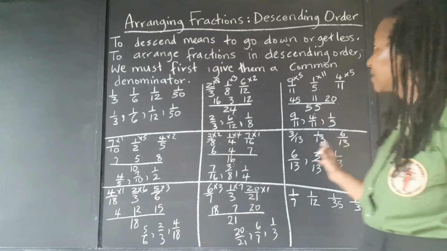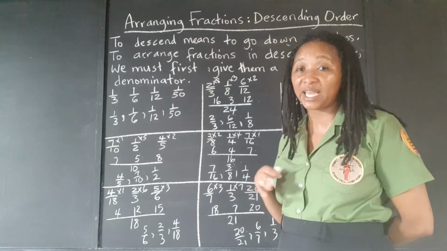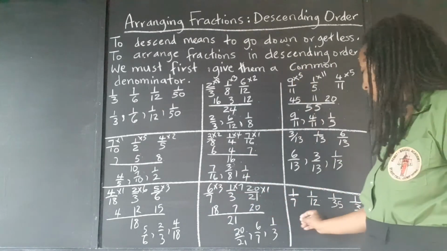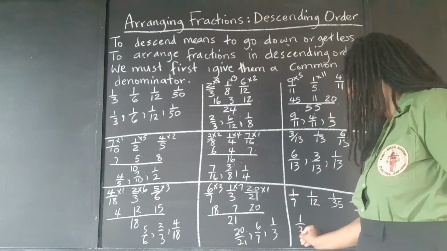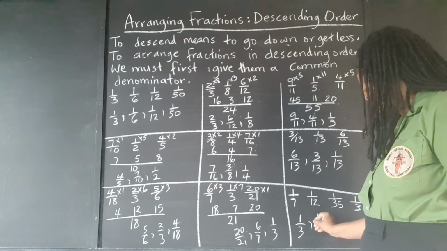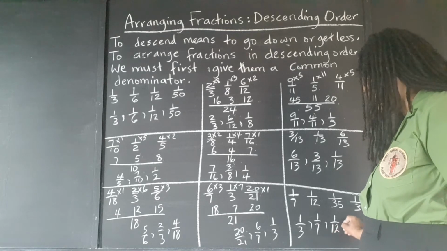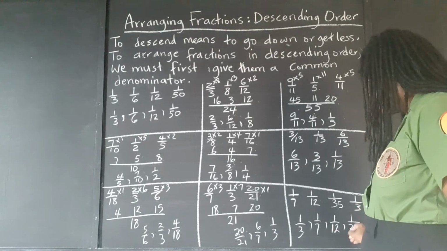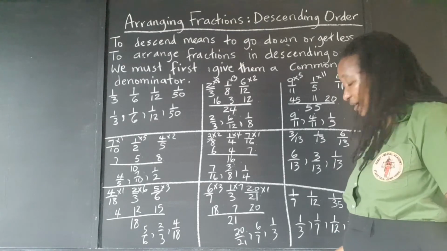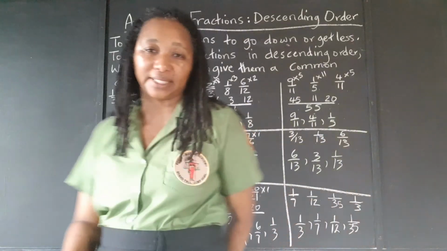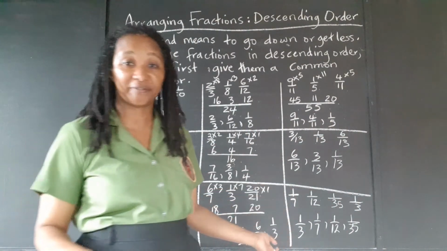And since we're asked to arrange them in descending order, we're going to start with the largest one, which is 1/3, followed by 1/7, followed by 1/12, and the smallest, the tiniest of this lot is the 1/35th.